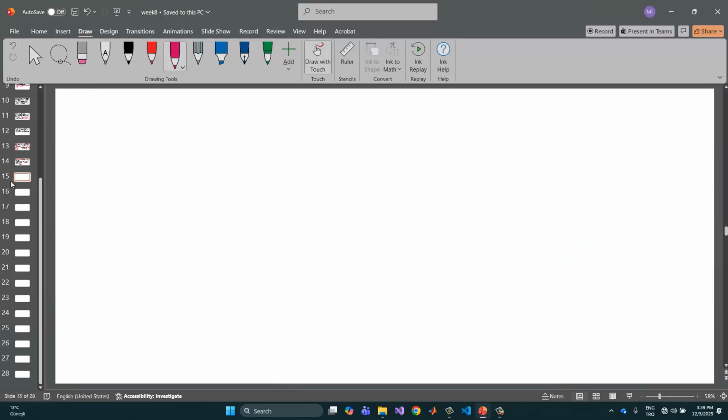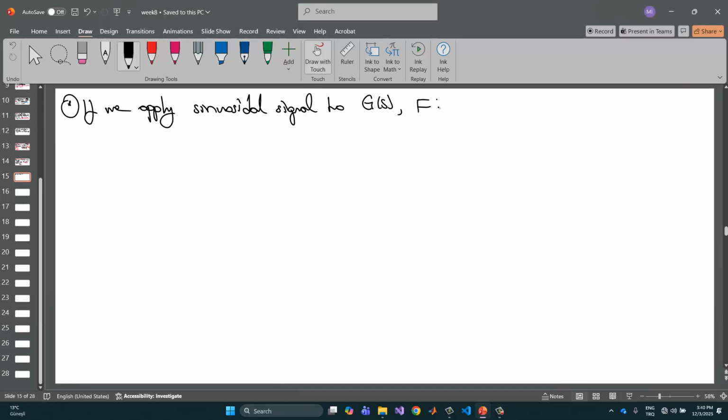And so how can we write these conditions if we apply a sinusoidal signal to G(s)? F(t) is equal to F0 times sine Wt. Okay?